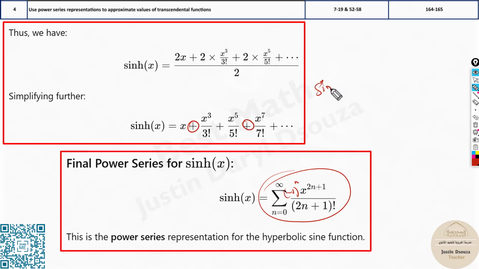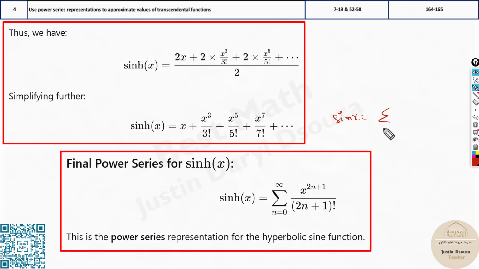For sine x only, what we had was x minus x cubed by 3 factorial plus x power 5 by 5 factorial minus x power 7 by 7 factorial. That is alternating positive negative, but over here in hyperbolic, there's no alternating, it's all positive only. Even in sine x we had summation from n equals 0 to infinity, but we had the important thing minus 1 to the power n.